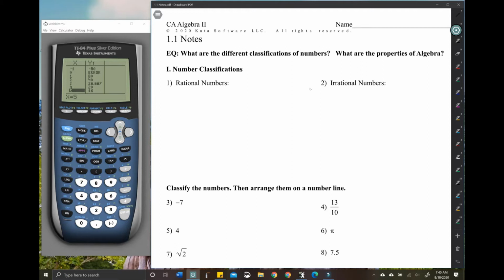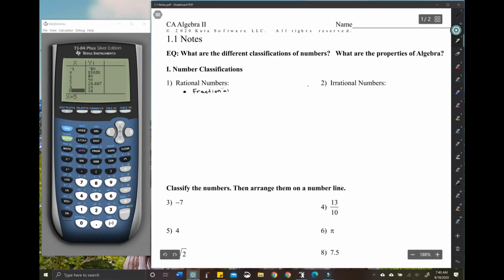So we're basically going to be dealing with two types of numbers: rational numbers and irrational numbers. Rational numbers, here are some examples of those. They are numbers that can be represented as fractions. So rational numbers are fractional.